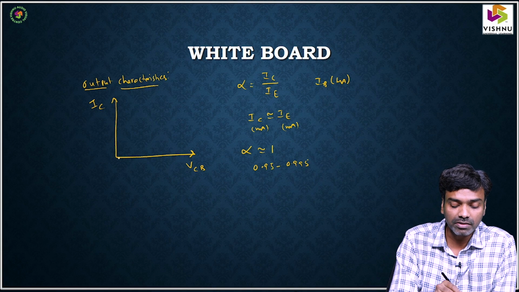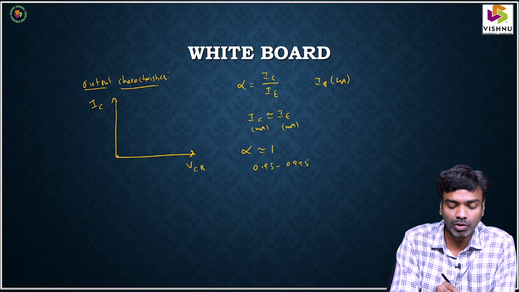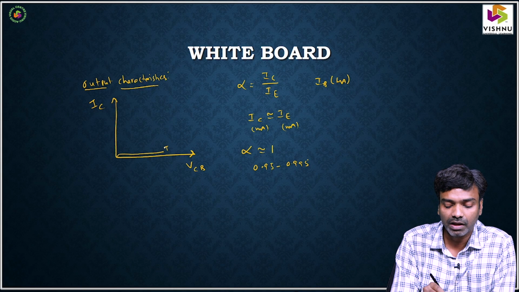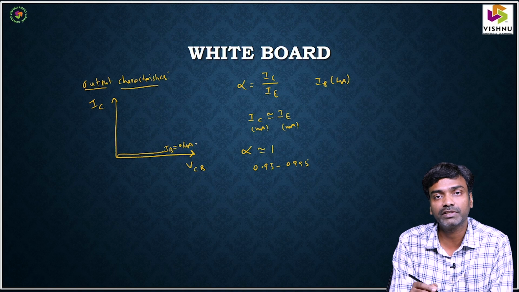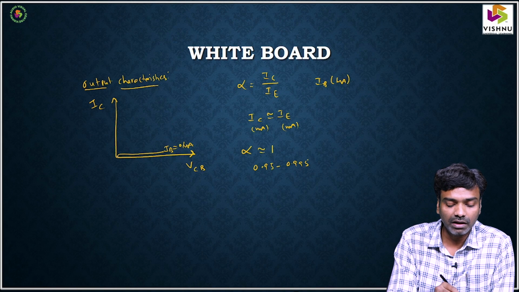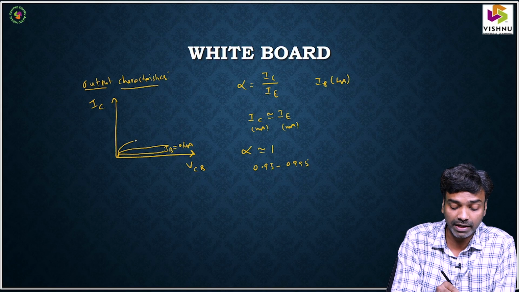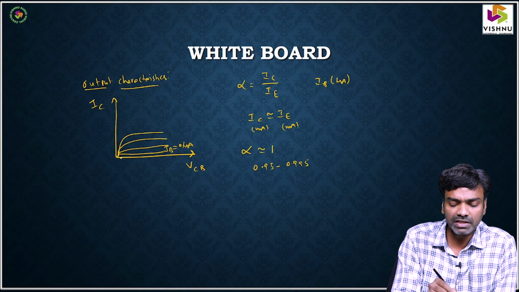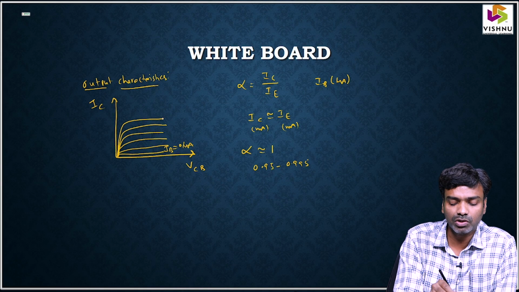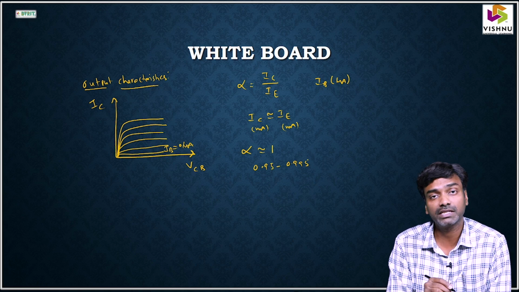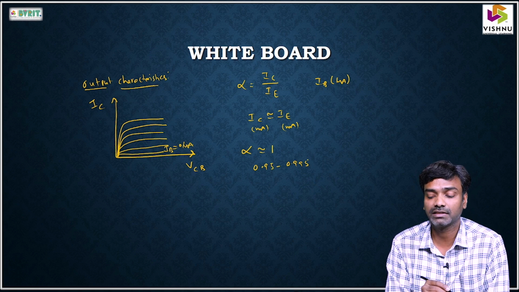Hence, in the curves, we cannot see much slope. When IB is fixed constant at 0 microamps, which is the cutoff region, and then subsequently we increase the voltage, not much slope will be observed in the case of common base configuration characteristics.